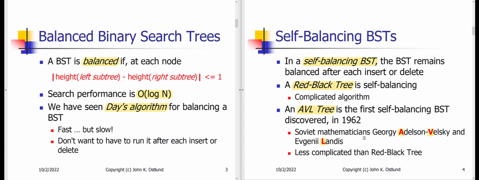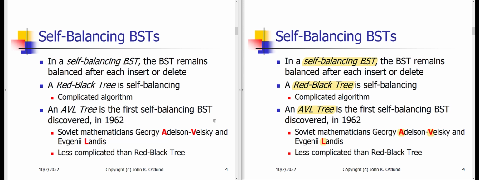I studied Russian once upon a time, but it was back in the previous century, and I'm not going to trust my pronunciation skills here. So Adelson-Velsky is where the AV comes from, and Landis is where the L comes from. It's significantly less complicated than a red-black tree, but still rather complicated to code. In concept, it's fairly straightforward, so let's get into it.